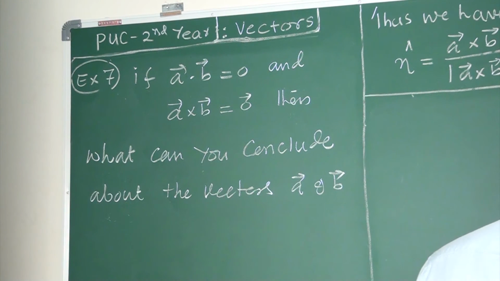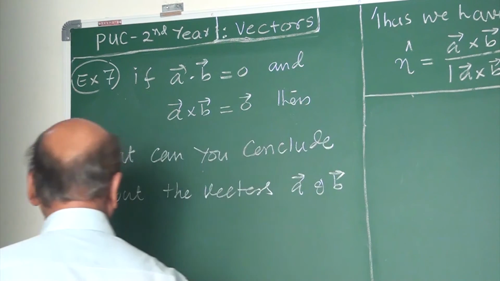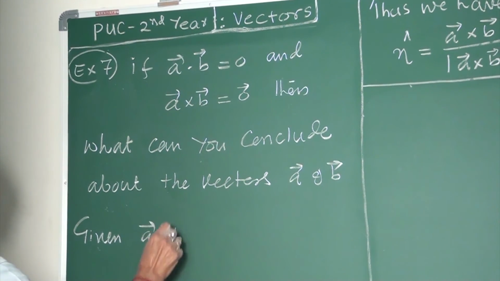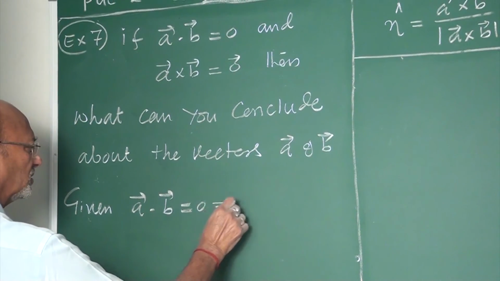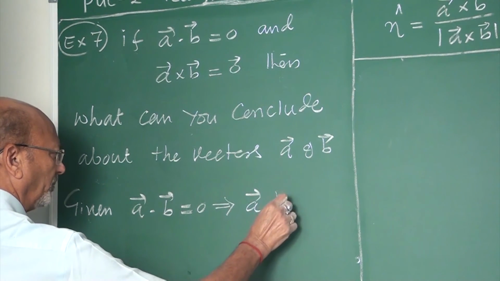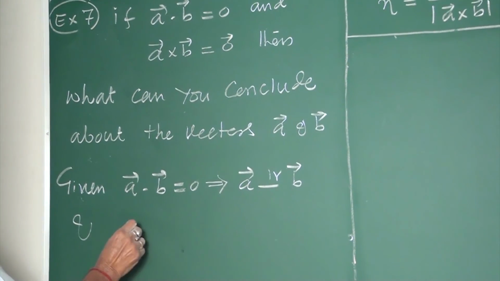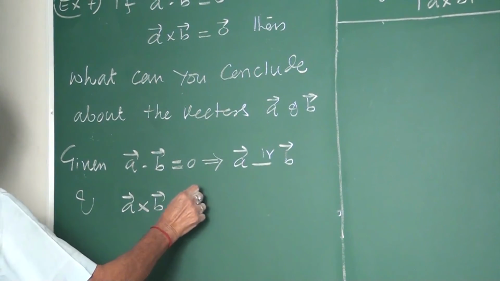Yes, my friends. You know the results. First, given A dot B is 0. A dot B is 0 means what? Vector A is perpendicular to B. Second, A cross B is a 0 vector.